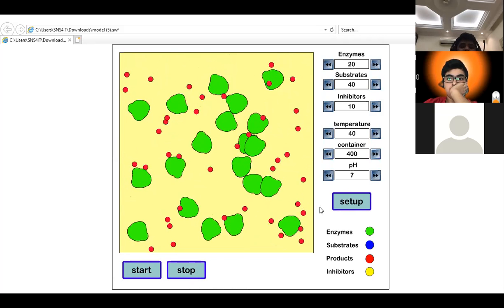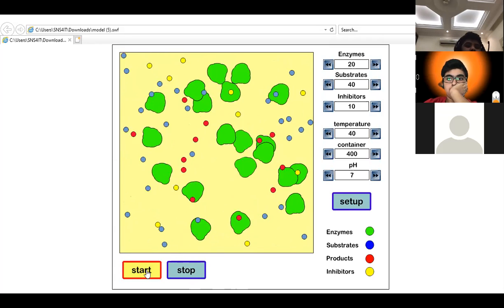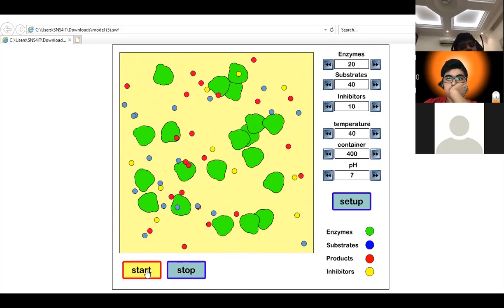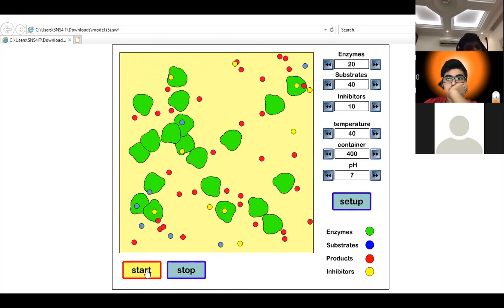Let me stop this. This is the new setup. Okay, so they're moving faster at 40 degrees. How much time is it going to take?